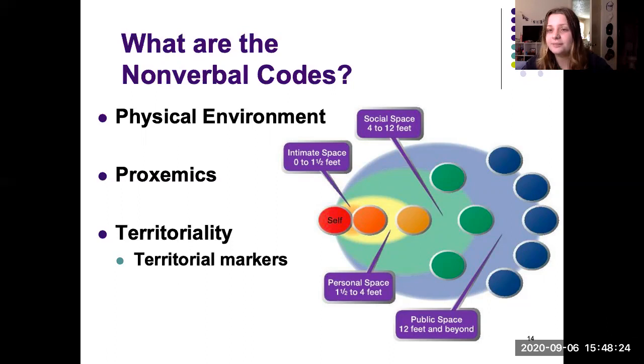There's this expectation once you've taken that first week of classes and everyone has found their spot. There is that unsaid rule of territoriality, so if someone takes your spot, they are breaking that norm of your space.